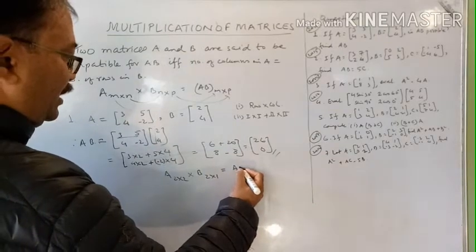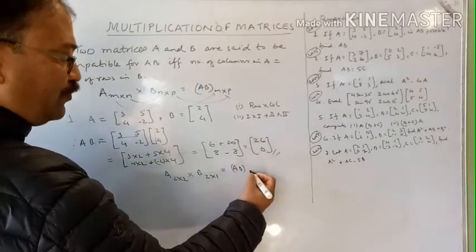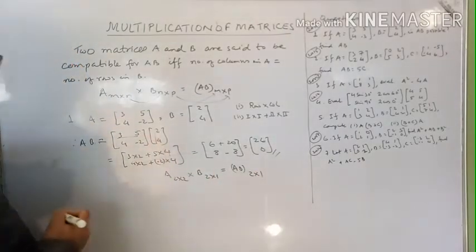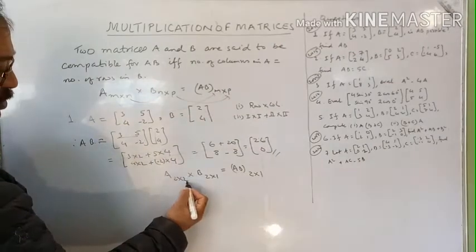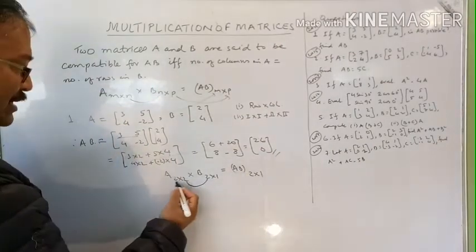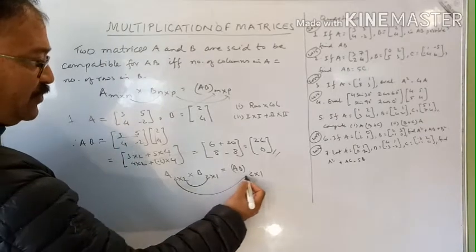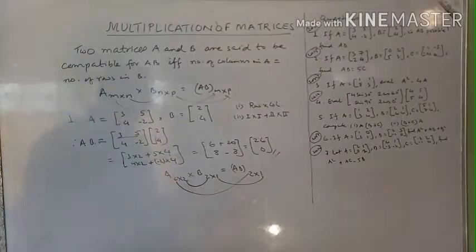Product AB has 2 rows and 1 column. If you look at this rule, the number of columns equals the number of rows. So AB takes the number of rows from the first and the number of columns from the second, as you can see. All right, so remember this.